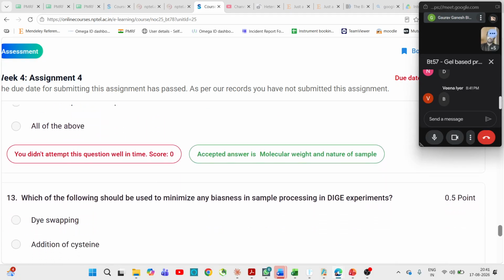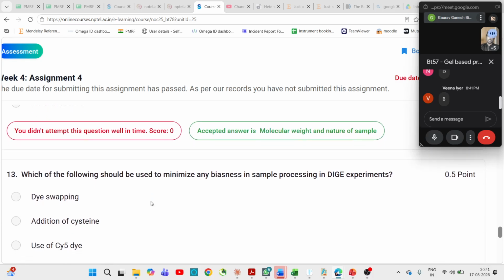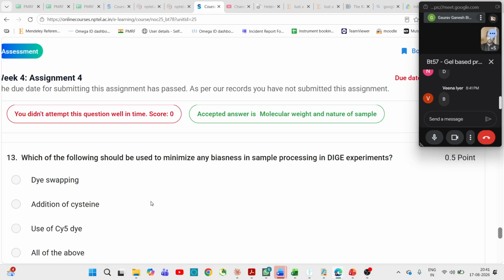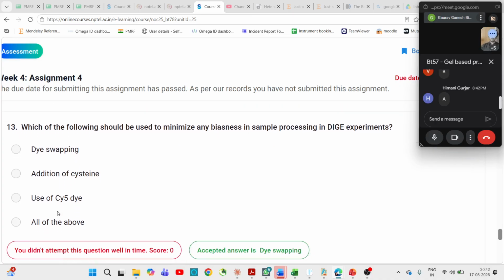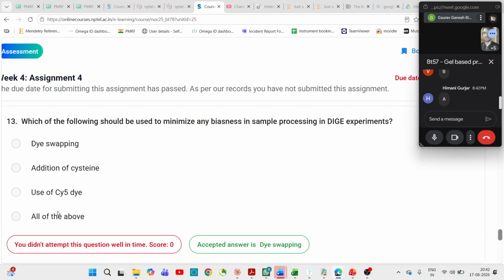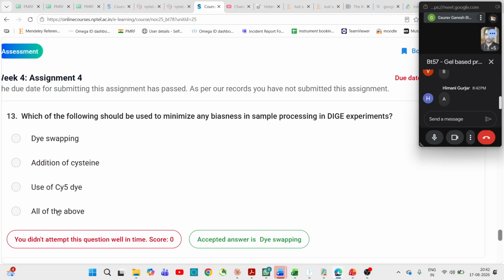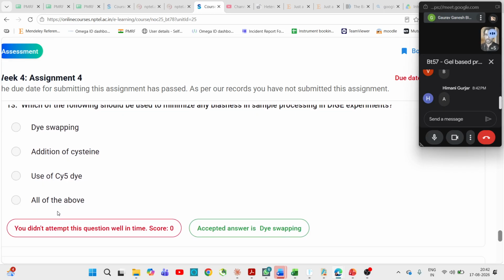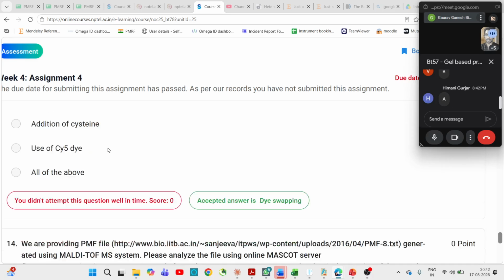Which of the following should be used to minimize any bias in sample processing in DIGE? If you apply a bit of logic, you will be able to answer this.